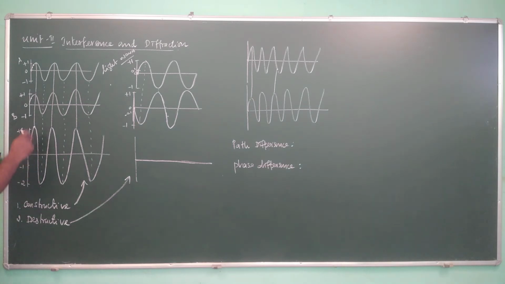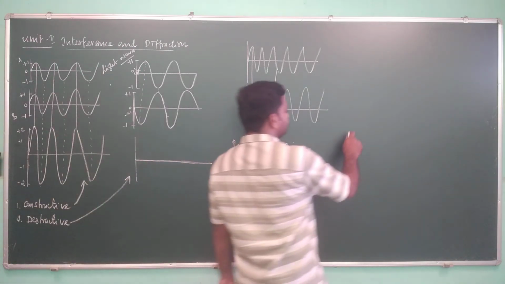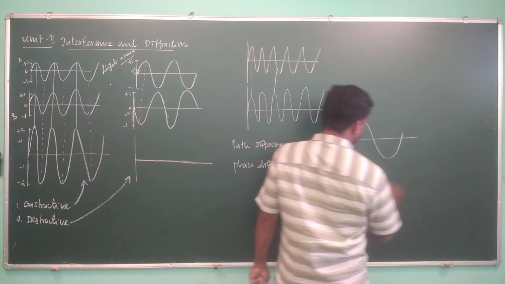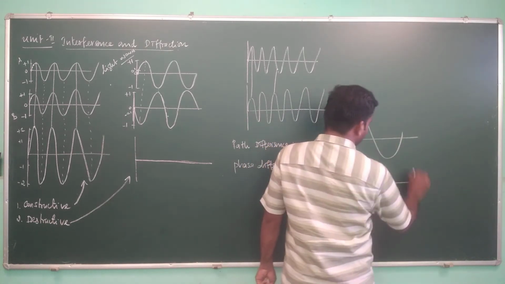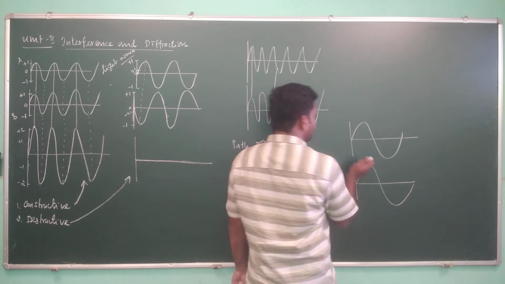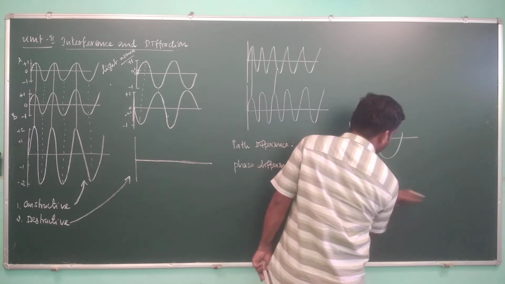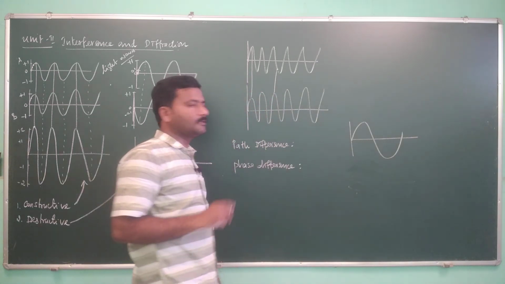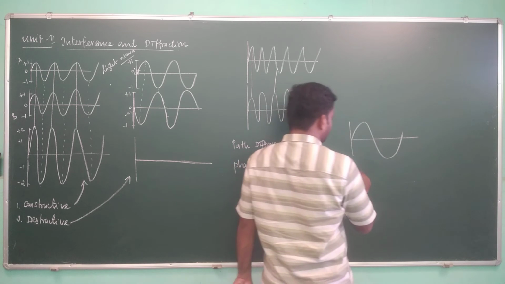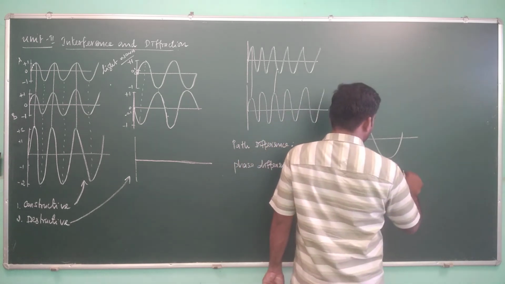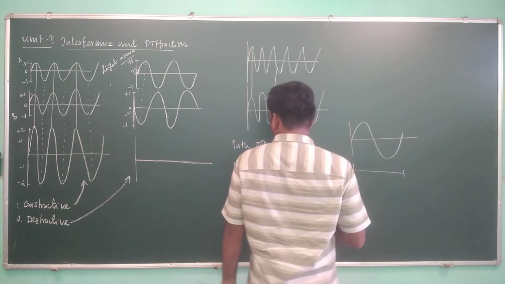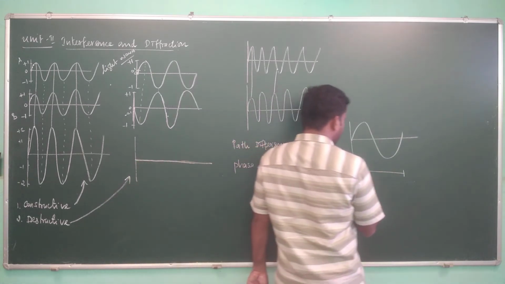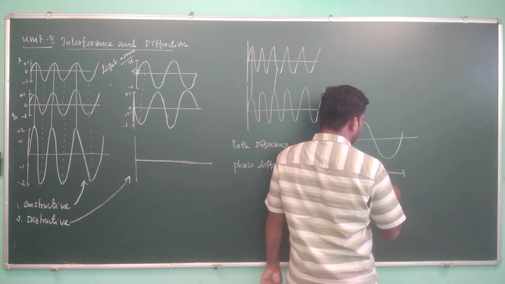See, if you are taking two waves, so this is one wave and this is another wave, for example. Or let's consider only a single wave. For this wave, what is phase, what is path? This wave has a wavelength lambda, right?